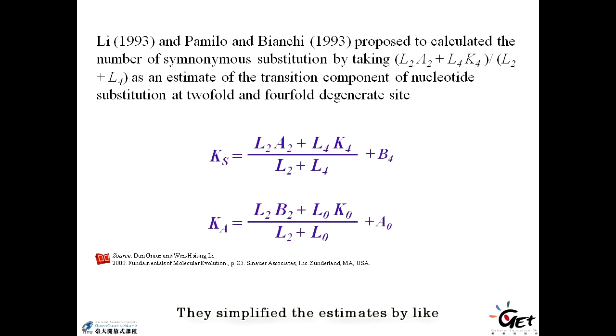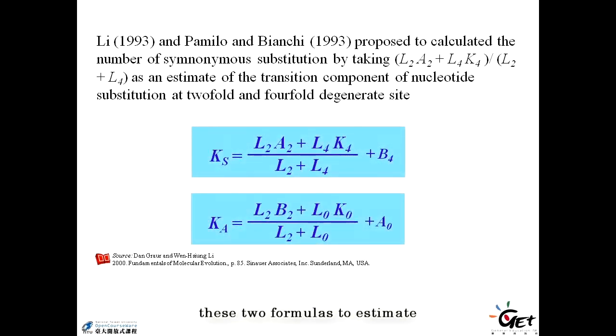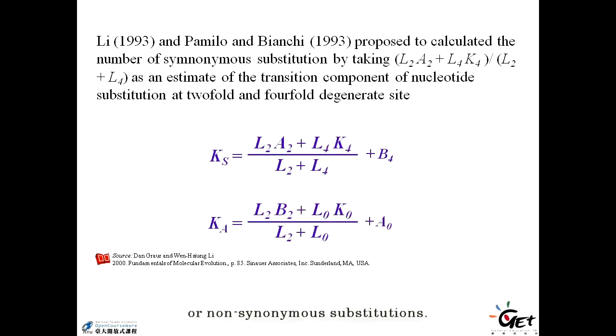They simplified the estimates with these 2 formulas to estimate the synonymous and non-synonymous substitutions. But the idea is very similar, the same as previously. Just look at transition and transversion, look at the degeneracy of each site, and then, based on the multiple hits model, you can estimate the substitution rate.